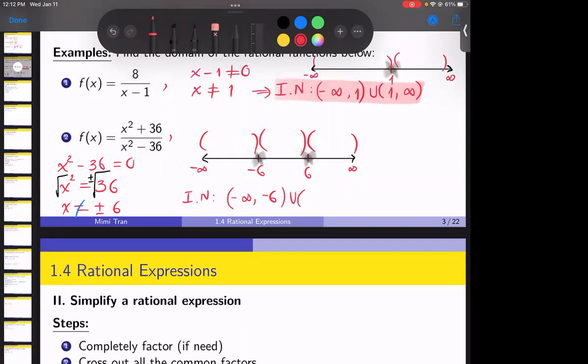We cannot include 6. Well, negative infinity to -6, and then what? So that's just this one. What about this one? Yeah, -6 to 6, very good, right? And then this one, from 6 to infinity.